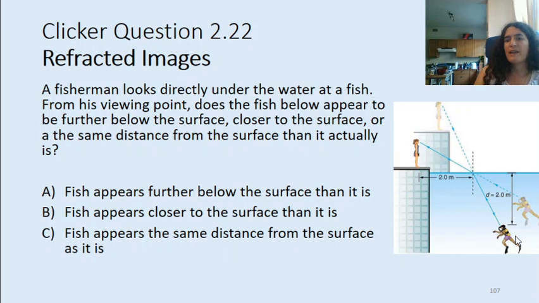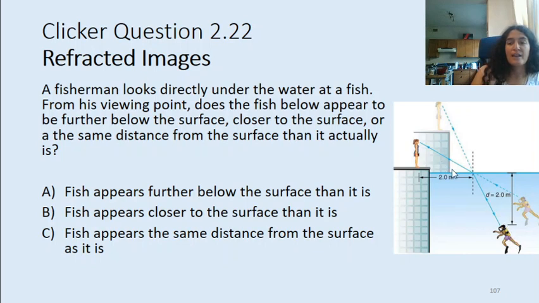So if light is coming from the scuba diver to the lifeguard, then as it's going from the slow medium to the fast, it's moving away from the normal. And so that explains the path of light that's going between the lifeguard and the scuba diver.